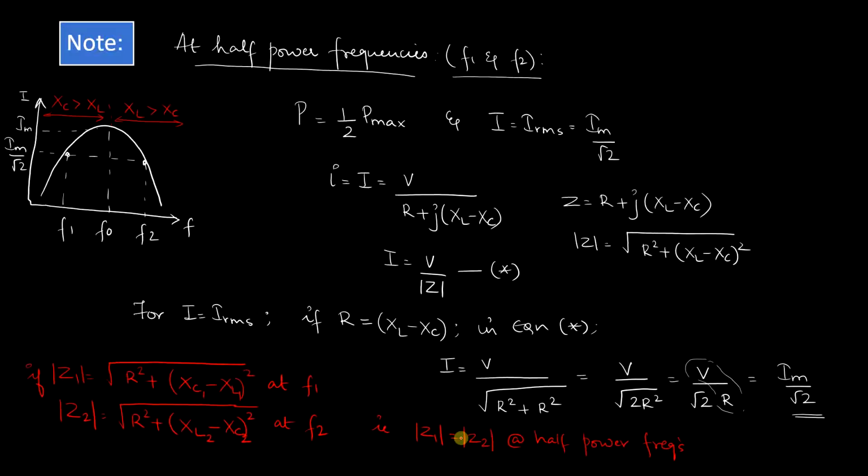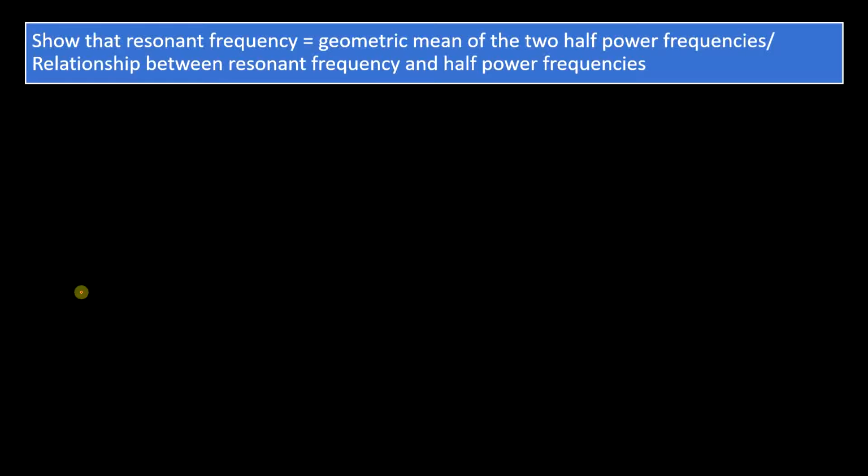Okay, fine. Moving on to the derivation. You should know these concepts before you step into the derivation. So let's start with the derivation. You need to show that the resonant frequency is the geometric mean of the two half power frequencies, or they might ask you to obtain the relationship between the resonant frequency and half power frequencies. So let us start. Let F0 be the resonant frequency of the series RLC circuit.